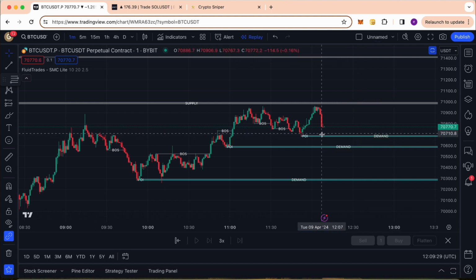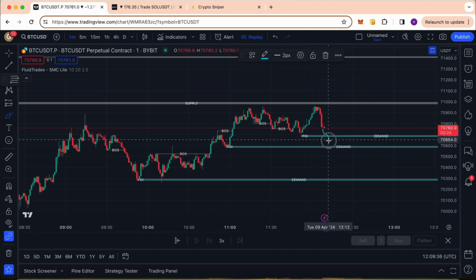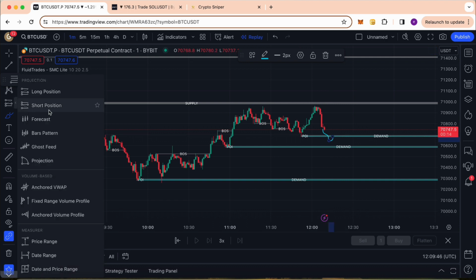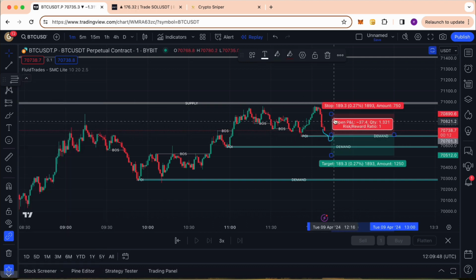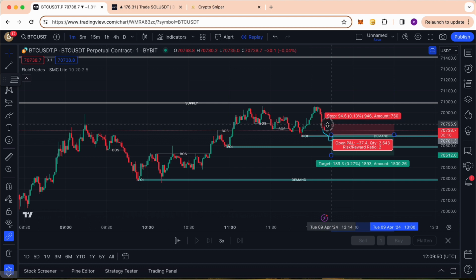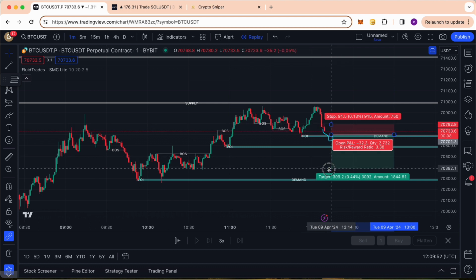Or we can enter a short position if the price, for example, breaks this line. We expect that the price goes back up to have a rejection, and then we can enter for a short position.